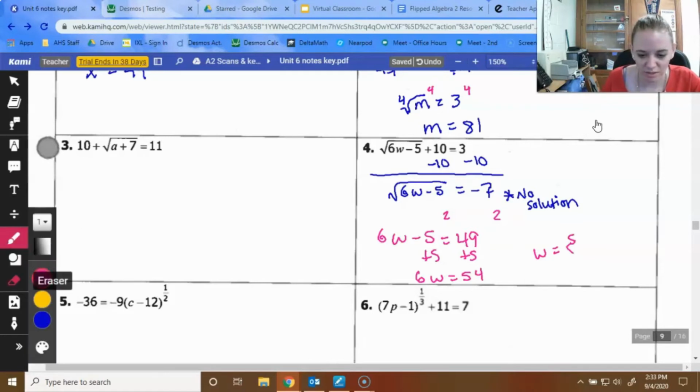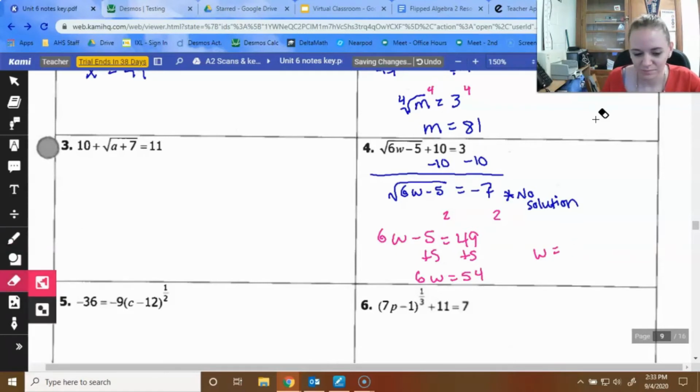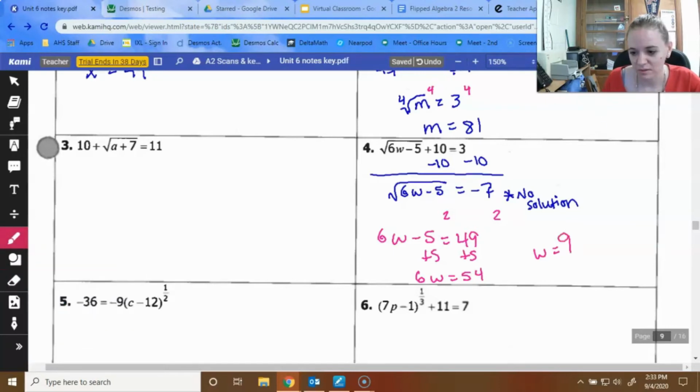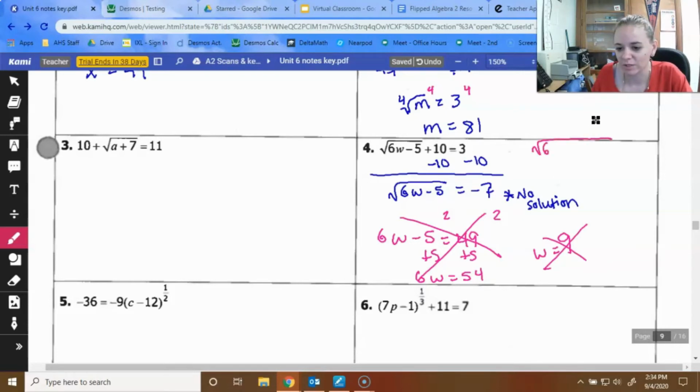So you would think initially, if you didn't catch it or if you don't graph it, that the answer is 9. But as I was saying, that is wrong. What happens if we plug 9 back into the original? This is another way to check to see if it's extraneous.